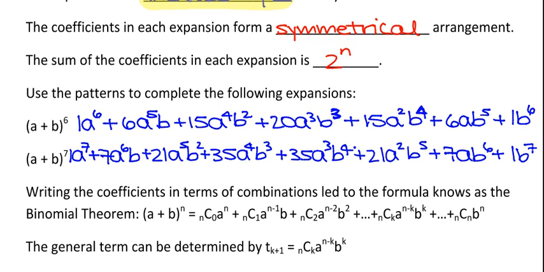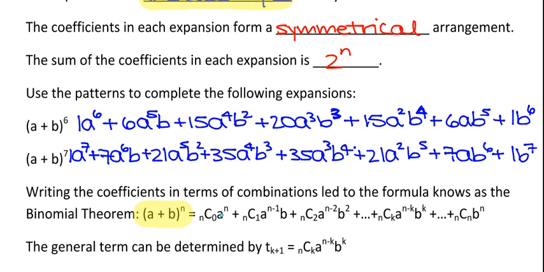So the binomial theorem is a theorem that gives us the expansion of any binomial to the power of a whole number. So the first coefficient would be n, which is our exponent, choose 0, then n choose 1, 2, etc. until we get to n choose n, which is why we have a 1 on either end.